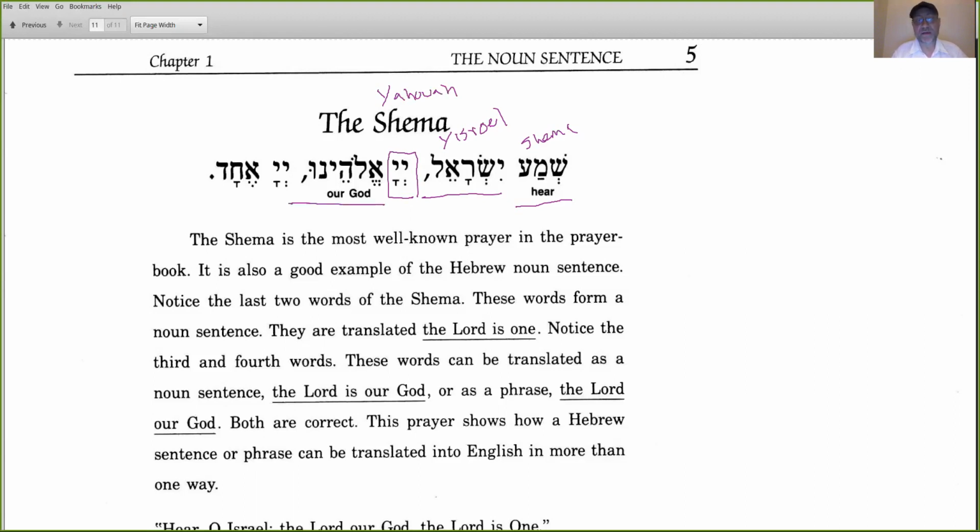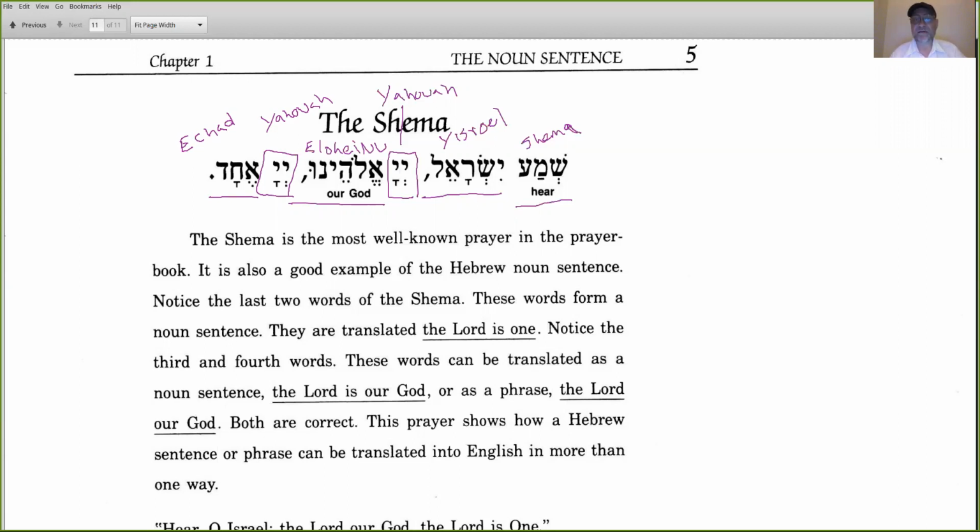Eloheinu, can transliterate it that way. This abbreviation, we'll put Yehovah, and then the word Echad. Okay, so I'm writing these out, transliterating these for you so that when I'm pronouncing them, you can see how they're spelled out.